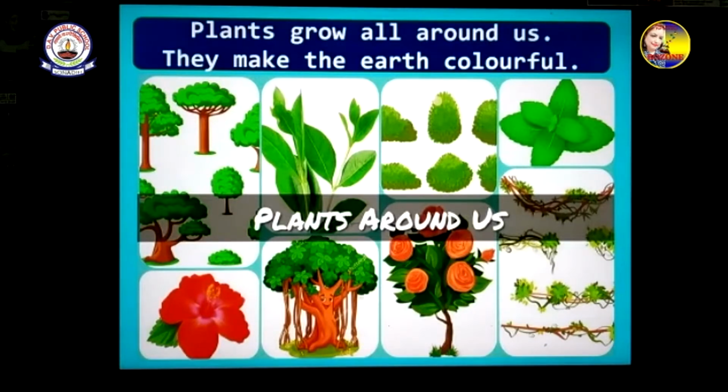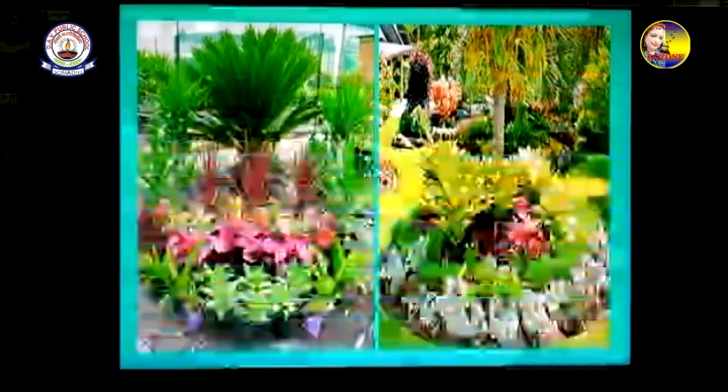I showed you all around where I went. I showed you all the plants and trees. They make the earth colorful. How does the earth become colorful? Because of the greenery and all the flowers of different colors. So that's why the earth looks very colorful.